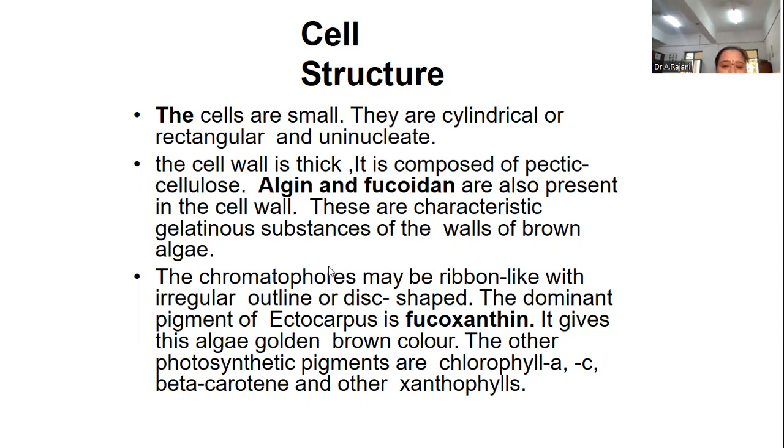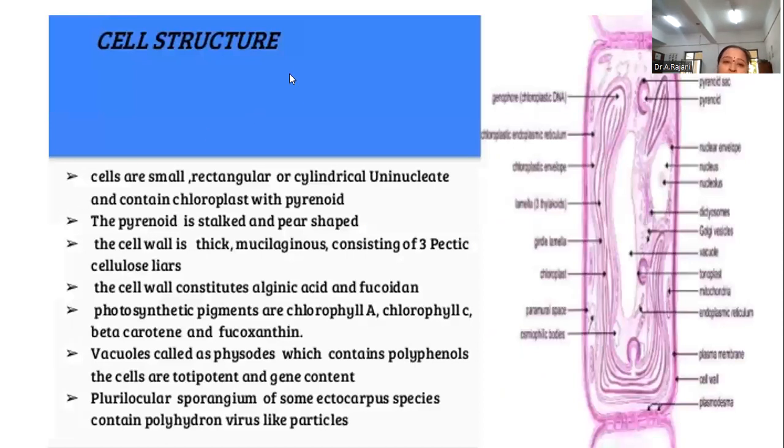Here the chromatophores are ribbon-like or disc-shaped, with fucoxanthin pigment, which gives the golden brown color. Other pigments are chlorophyll a, chlorophyll c, beta carotene, and other xanthophylls. See, this is the cell structure: rectangular, cylindrical, uninucleate cells. Pyrenoids are also present, pear-shaped.